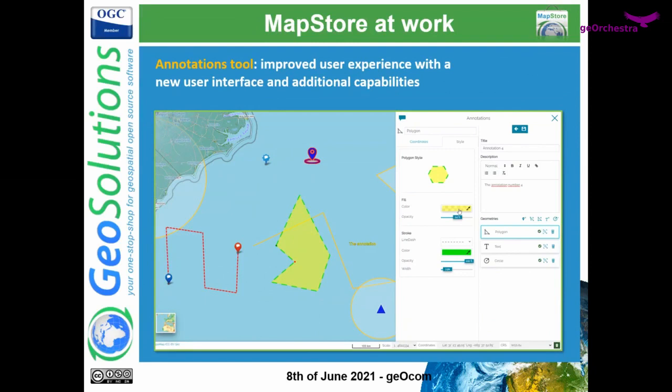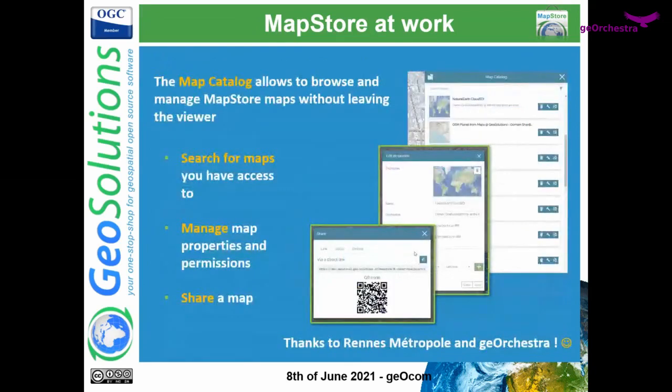functionalities available here. The map catalog, as I said before, lets you save a map and manage permissions on a map. The map catalog is a tool that allows you to browse and list existing maps previously saved in MapStore, and you can search for maps you have access to, or all maps in case you are administrator.